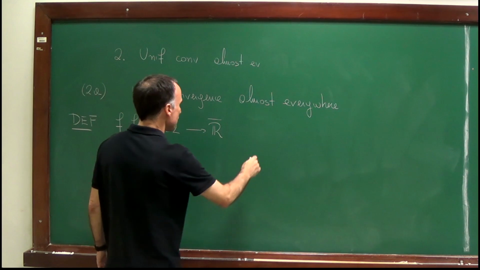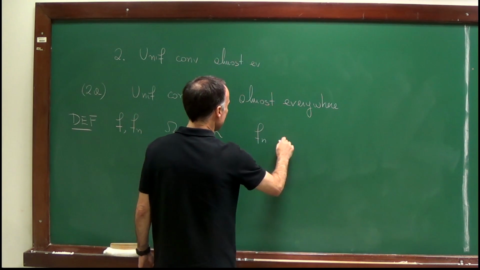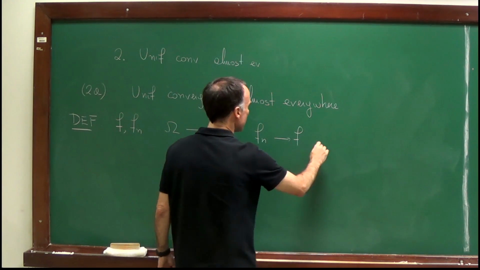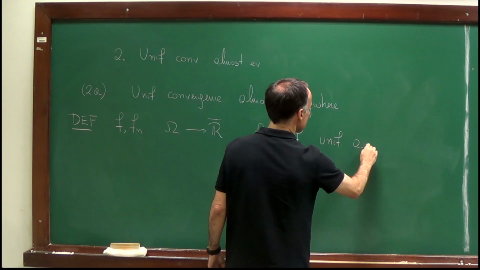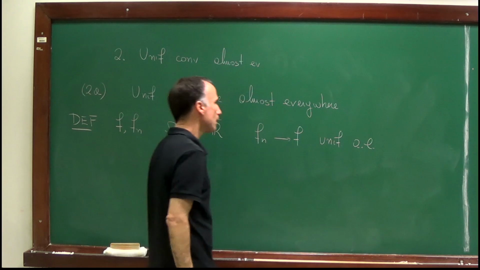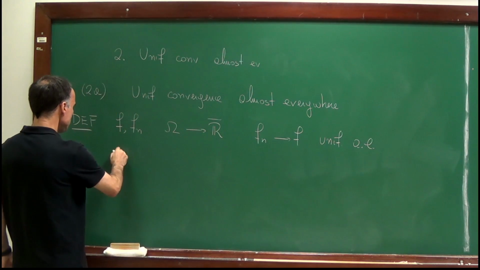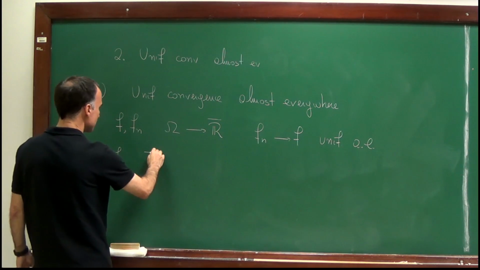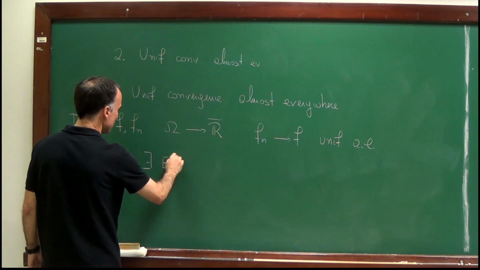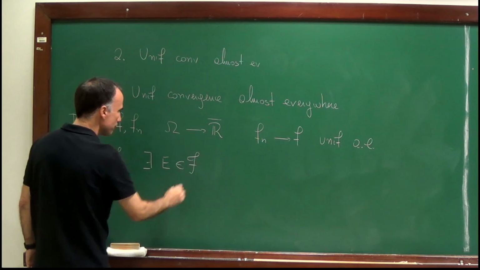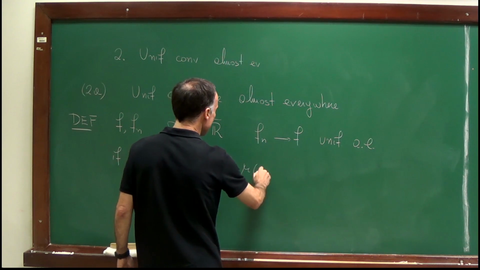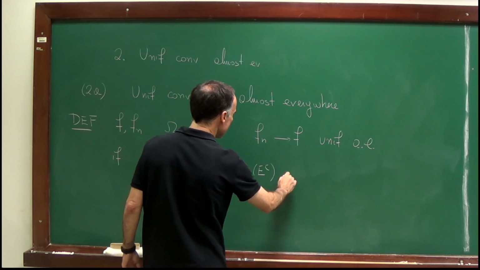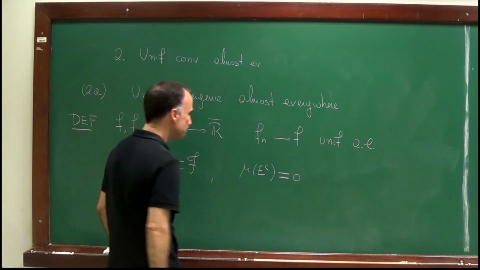I will say that f_n converges to f uniformly almost everywhere if I can find a set E in the sigma algebra F such that mu of E complement is equal to 0.